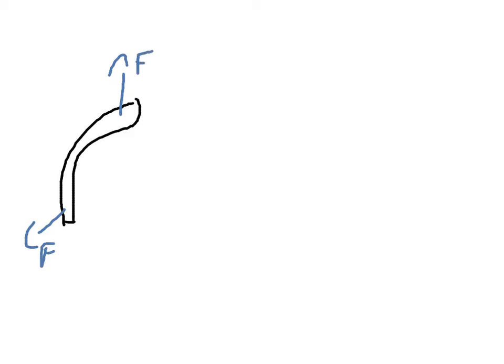So if we've got only two forces, and we want to work out our resultant force, if we join the points where these two forces are acting, then we can say the resultant force at each point will be equal in magnitude and opposite in direction, and will be acting along the line that joins those two points, in order for it to be in equilibrium.